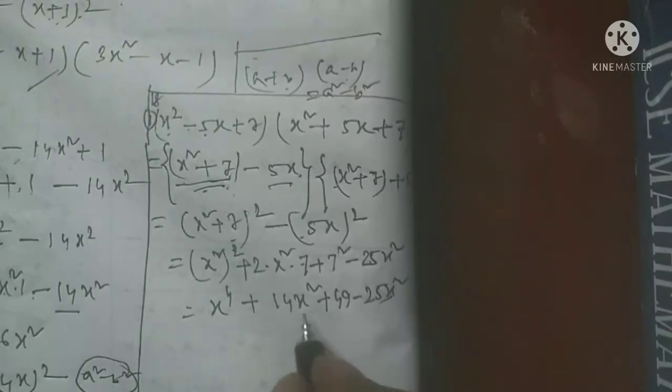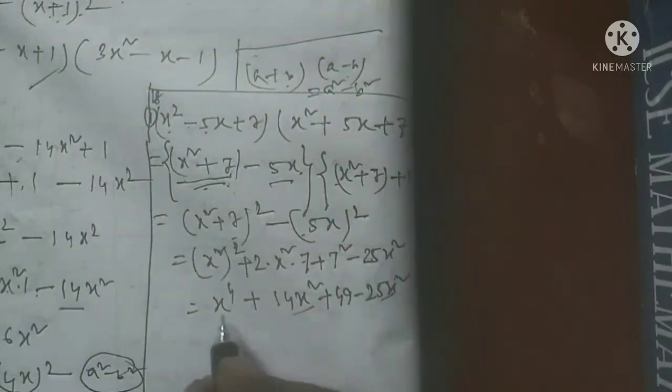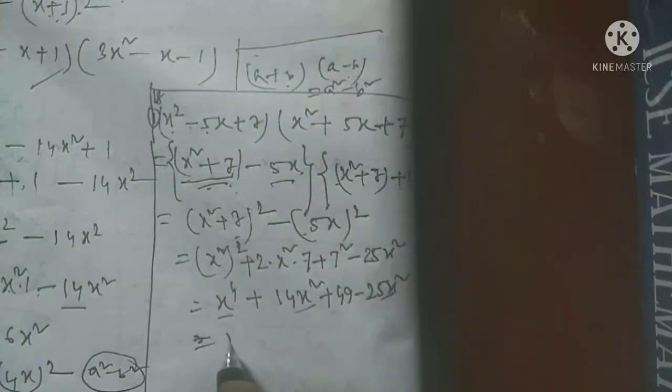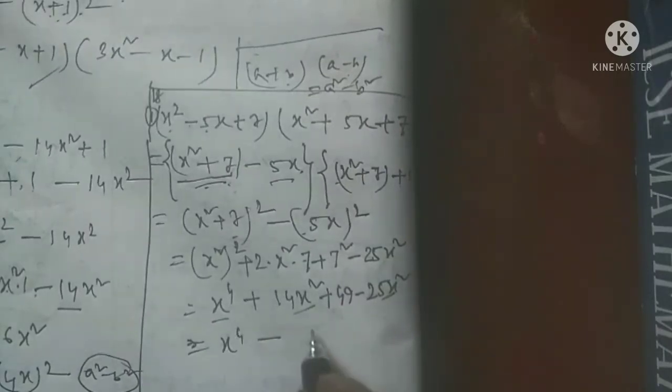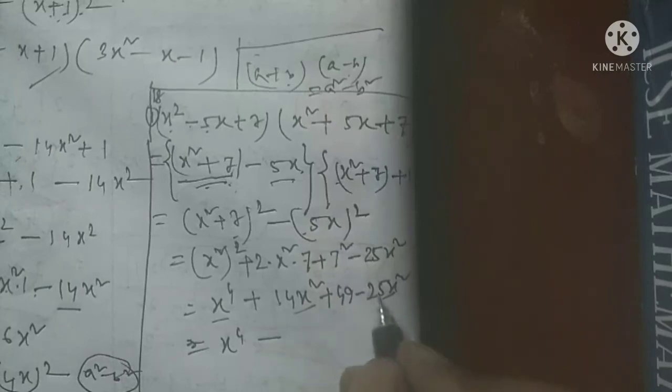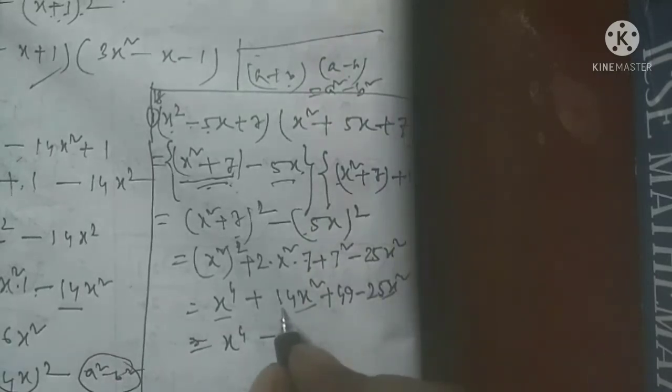So like terms are here, x² and x² both are like terms. If this is not a like term, you have to write only x⁴, not change. This term will not change.